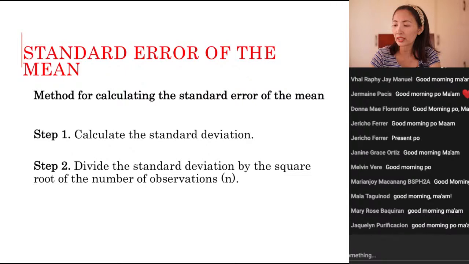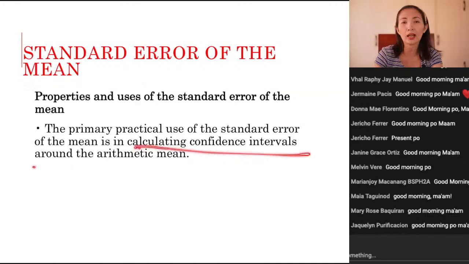What are some of the uses of the standard error? The primary and most practical use of the standard error of the mean is when we want to establish or calculate confidence intervals around the arithmetic mean. If it's a sample mean, the population mean is very close to it.